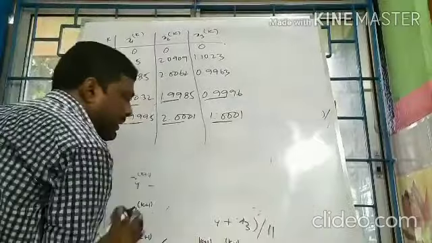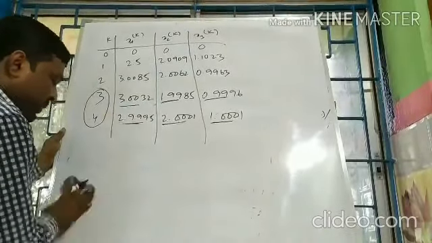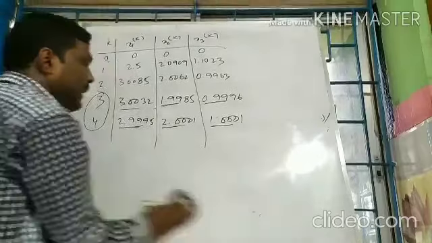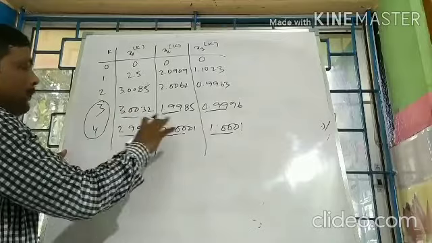So at iteration number 3 and 4, x1, x2 and x3, these three are approximately equal, correct up to 3 significant figures.